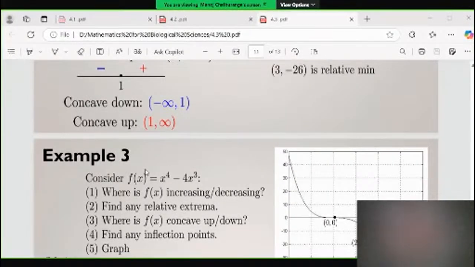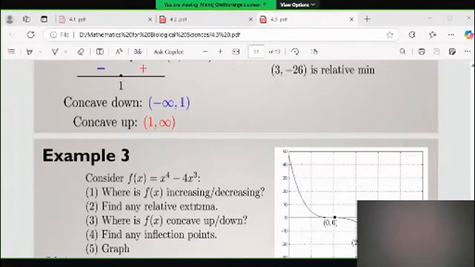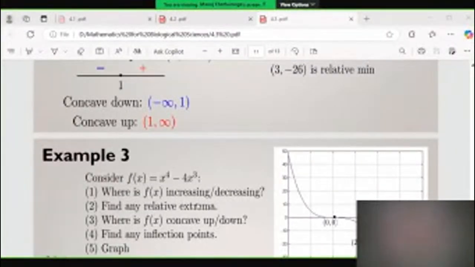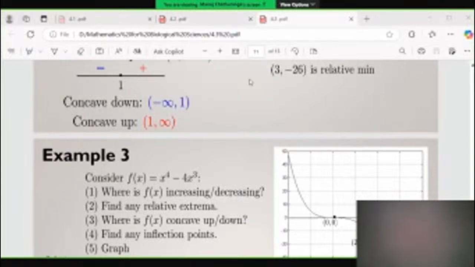I can give you roughly 5 to 10 minutes. Please do it because it is a chance for you to practice what we have learned so far. Find all these numbers and see whether they match the graph given on the right hand side. I'll come back in 5 minutes and discuss it.